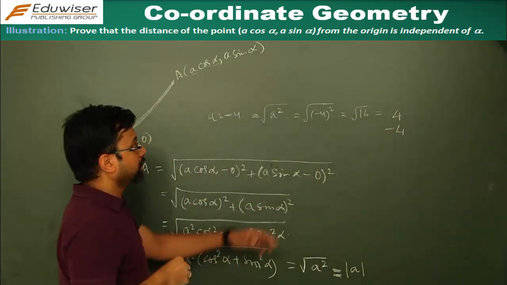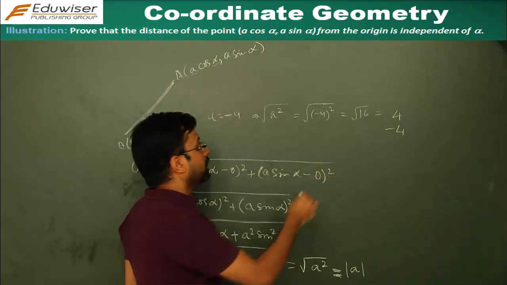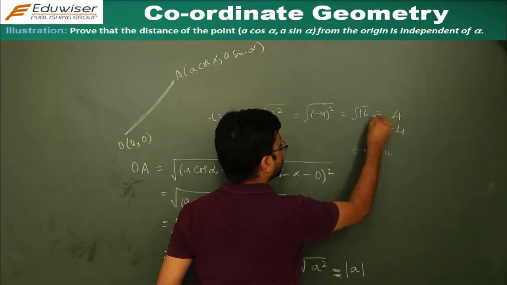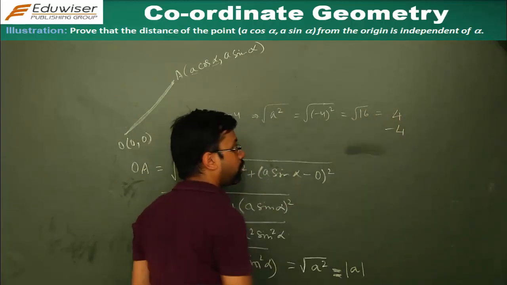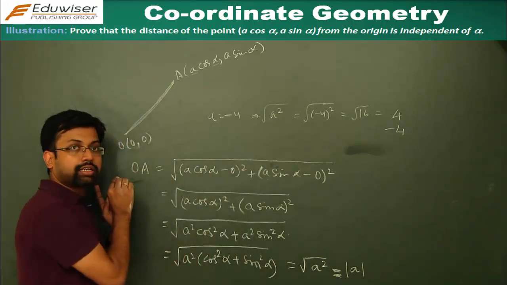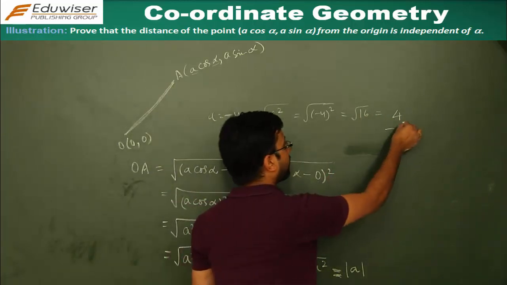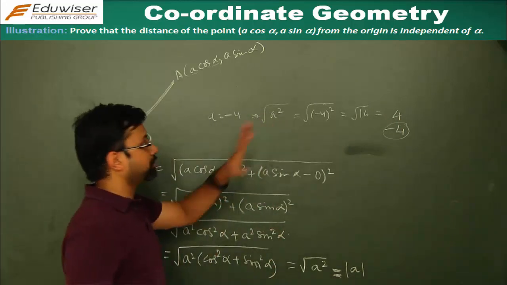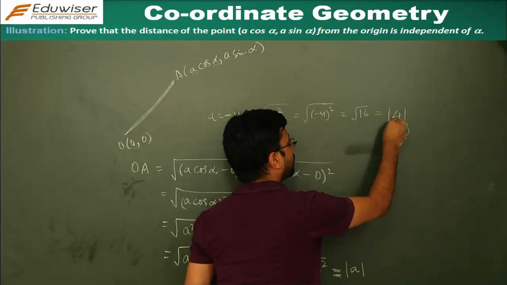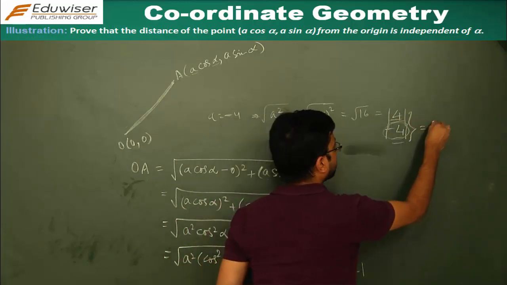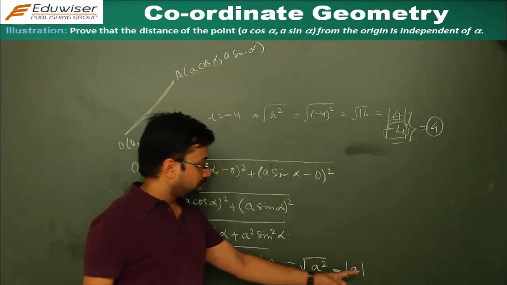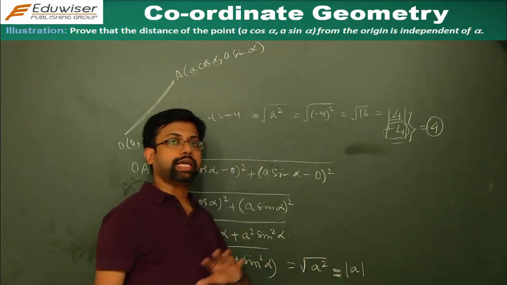It could be any of those two, right? For minus 4 square also you will be getting 16 here. So, the square root can be either 4 or minus 4. But since OA is the distance, we cannot have minus 4 as the value. So, we put a mod sign. Whatever comes, you will end up getting the number without the sign. Hence, I have put root over a square is equal to mod a.